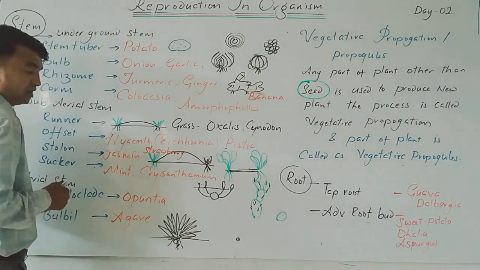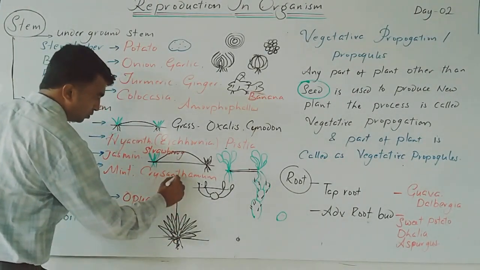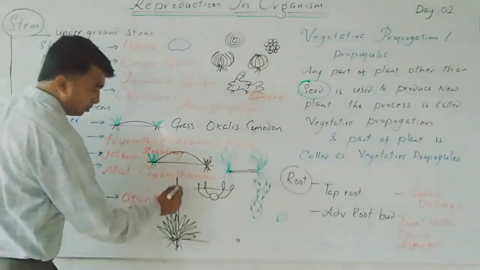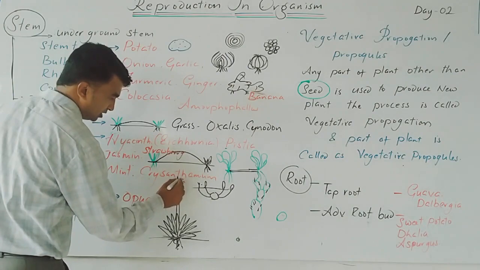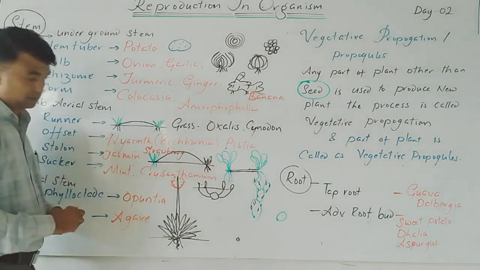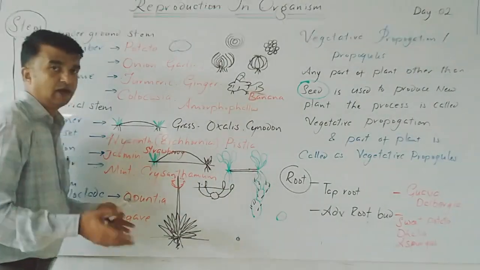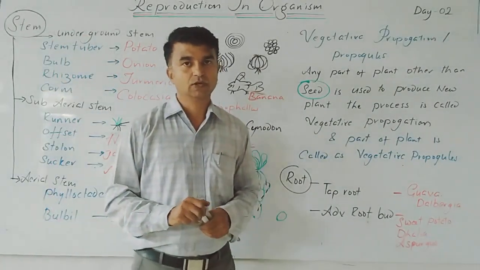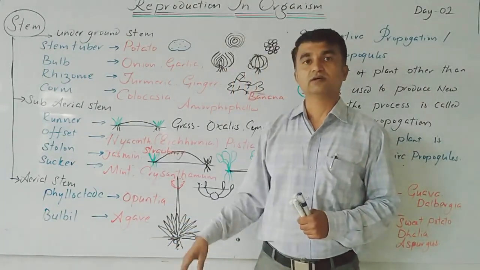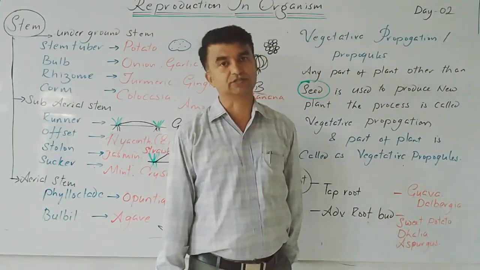When the vegetative reproduction phase starts, from the center of this one a scape will be produced, which is a long one. On the top of this, bulbils are there. So this is the agave, and these are the bulbils. Whenever these bulbils fall on the ground, again they produce a new plant. So these are the stem modifications, or the specific examples meant for vegetative propagation.